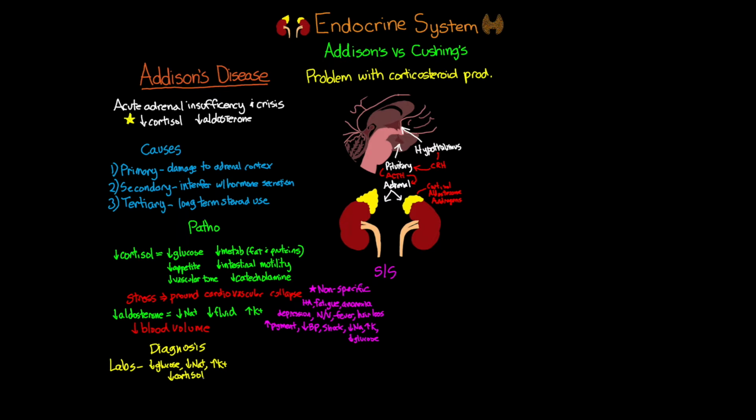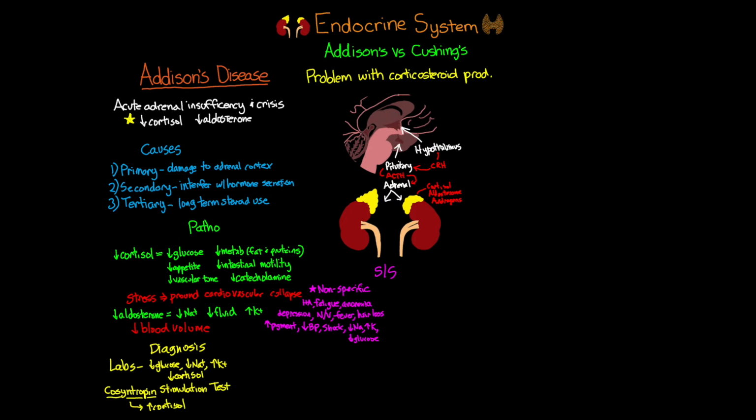And so based on these signs and symptoms and these lab values, we really may be suspecting that our patient has Addison's disease. And so if we do suspect this, then we're going to want to perform what we call the cosyntropin stimulation test. And so what we do here is we give them a dose of this cosyntropin, and 30 to 60 minutes later, we should see a rise in our cortisol level. And so if we don't see this rise, this is going to be diagnostic for the adrenal insufficiency that the patient has.